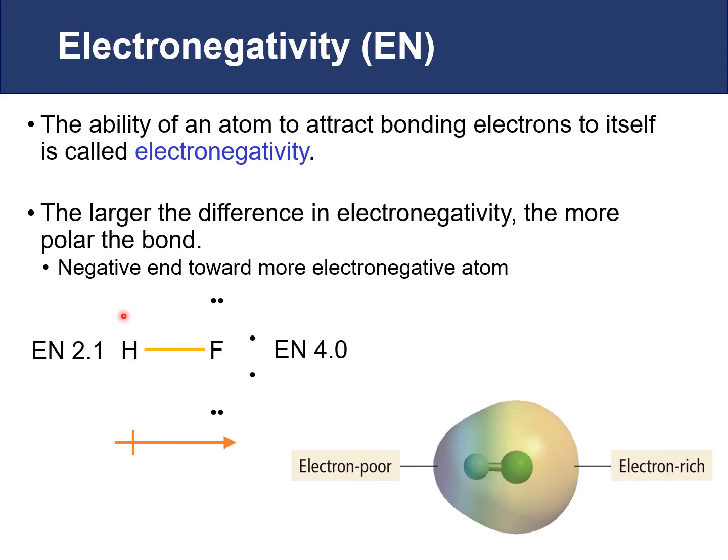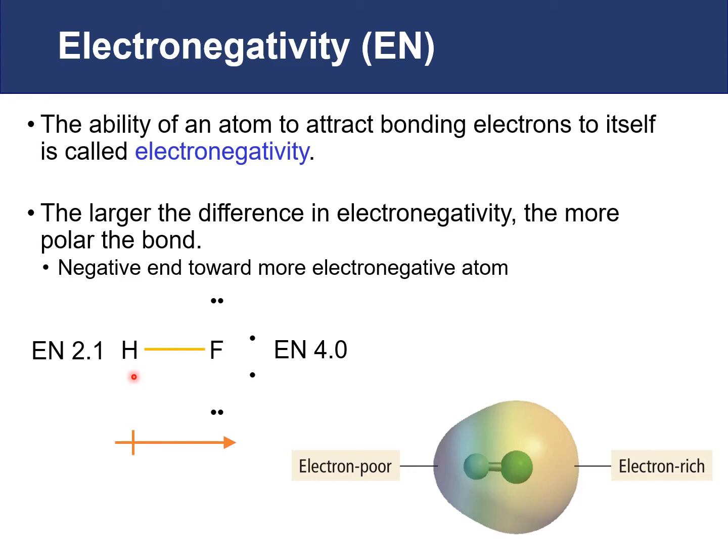So if we look at an example of hydrogen and fluorine, fluorine is the most electronegative atom on the periodic table. It has an electronegativity of 4. So if we bond it to something like hydrogen, which has an electronegativity of 2, we have a large difference between the two values, which will result in the electrons spending virtually all of their time around the fluorine and very little time around the hydrogen.